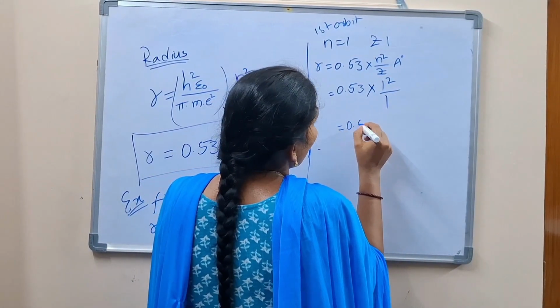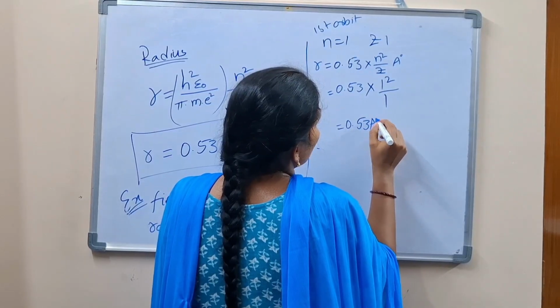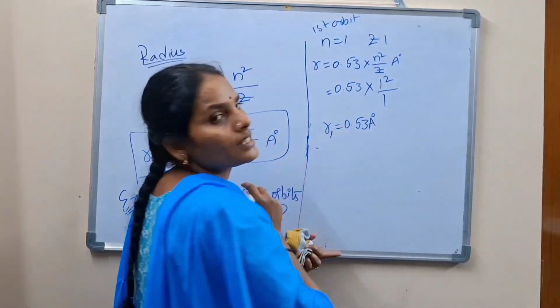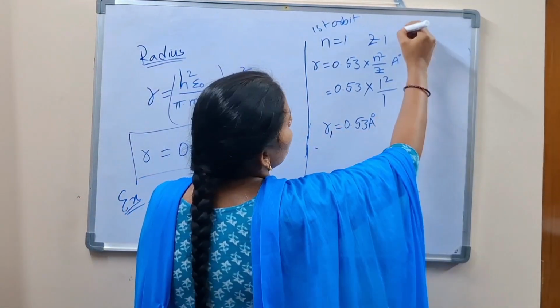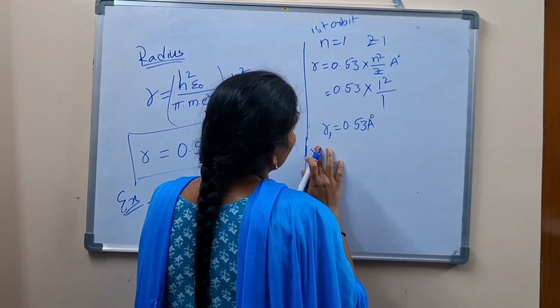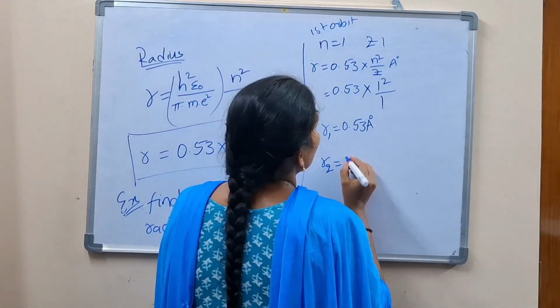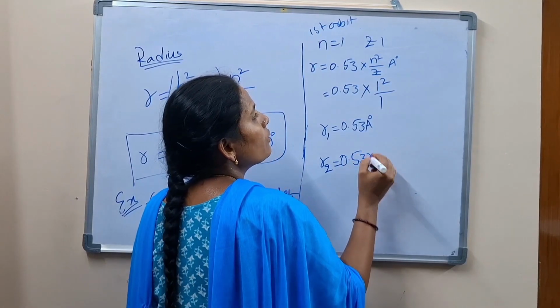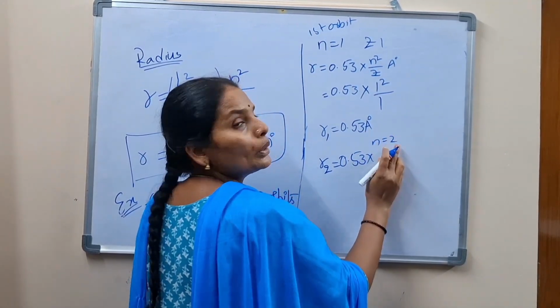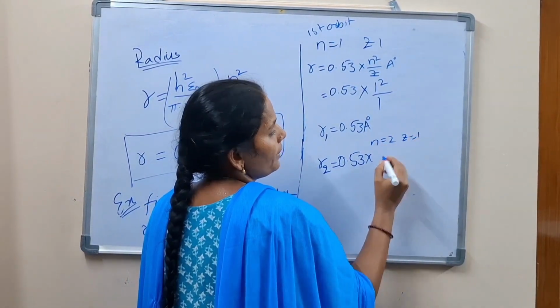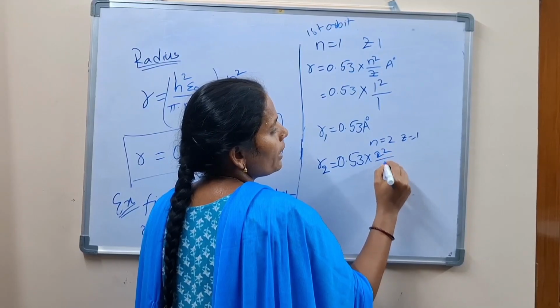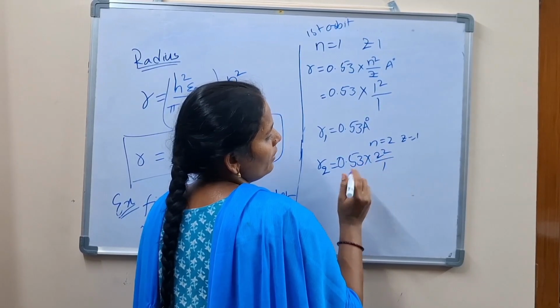That is equal to 0.53 angstroms. This is for first orbit. Next, for second orbit, R2 equal to 0.53 into, second orbit n equal to 2, z equal to same 1. That is 2 square by 1.